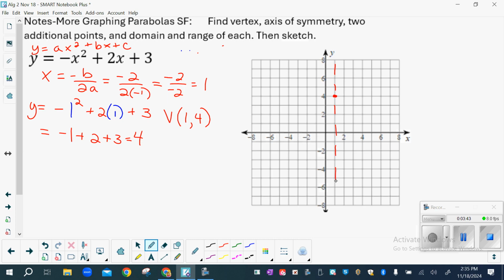So my axis of symmetry is a vertical line that goes through that. So what is the equation of the axis of symmetry, AOS? It is a line. You're right, it's something equal to 1. What's equal to 1? X equals 1 because it's a vertical line.